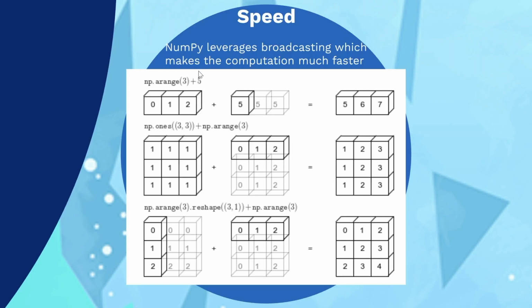Even if the second element is just one block, it creates additional blocks and then adds. Otherwise, in a normal sense, the result would have been 5 1 2. But what NumPy does is add 5 to this place and this place, all three places, and this is what we call broadcasting.